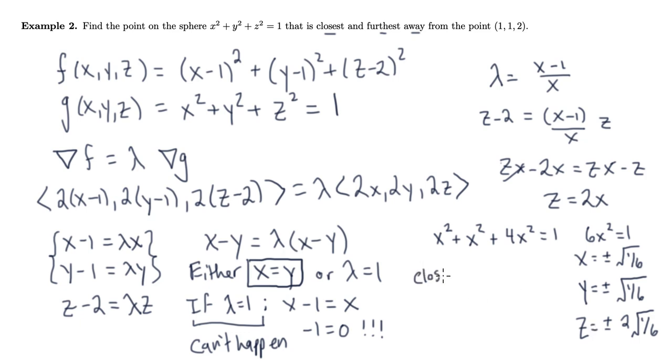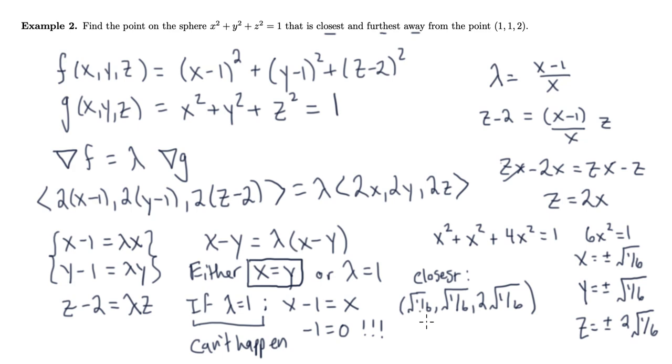So the closest is going to be the square root of 1/6, the square root of 1/6, 2 times the square root of 1/6. And that's because that's the positive point. That's the point in the positive first octant, which is going to be in the same octant as this point.